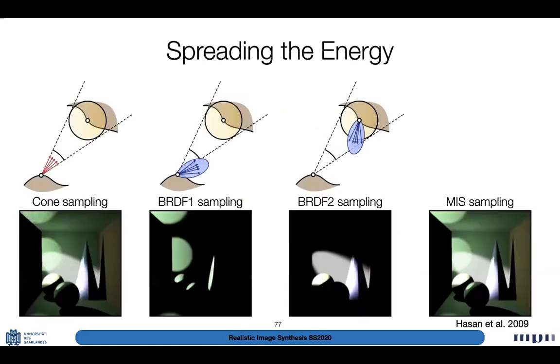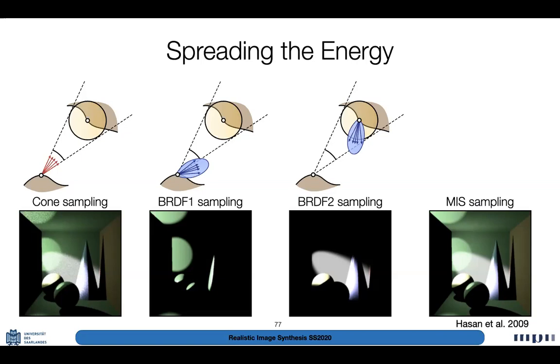The benefit of this approach was that you could actually use any way to compute the overall contribution. What it means is that you can perform the sampling. For example, you can directly sample the solid angle, the cone sampling in the left image. Or you can compute it using the BRDF at the point x1. You can also perform the sampling with respect to the importance of the BRDF at the point light source location x2.